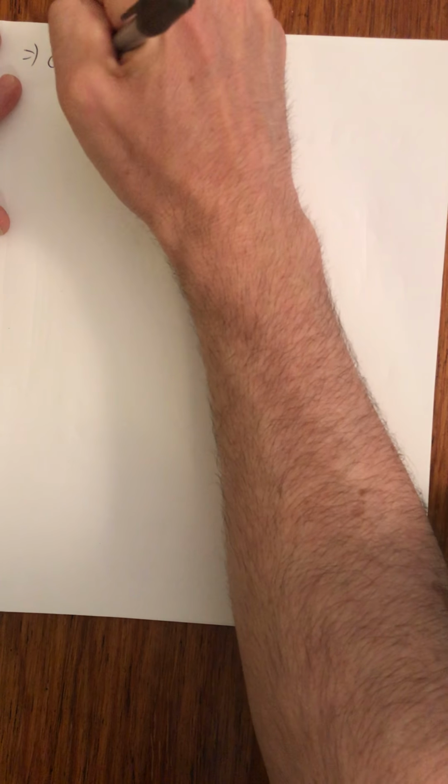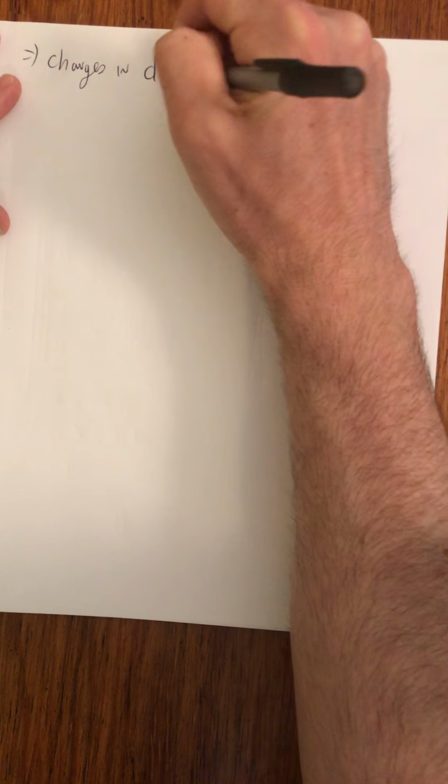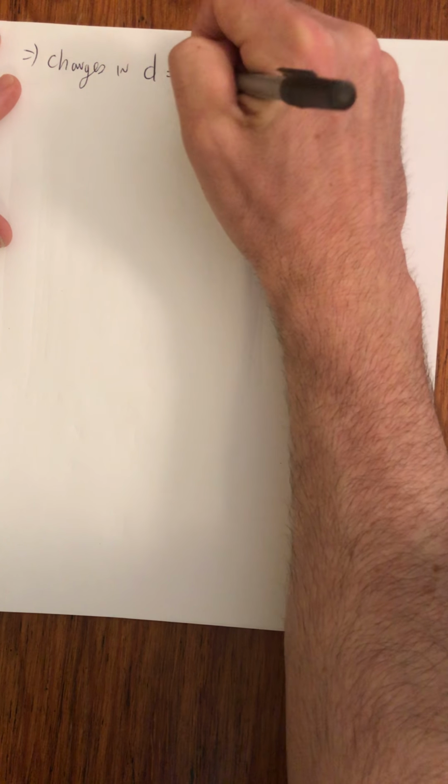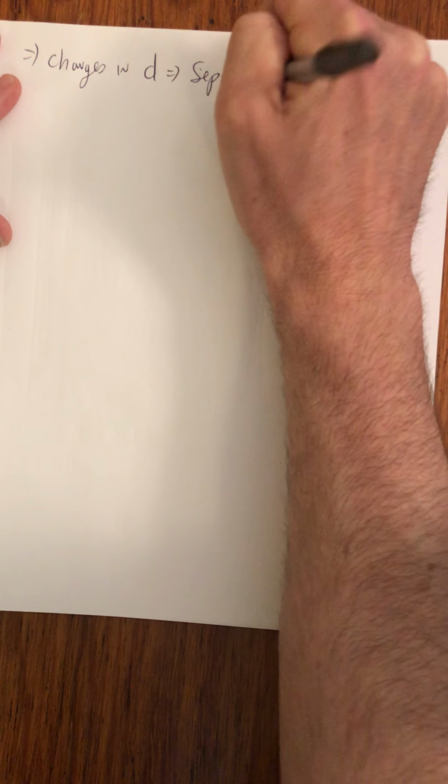The other change that we saw was changes in D, and D is defined as the separation distance between the sources.